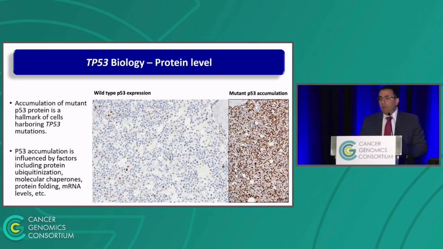At the protein level, we have known for many years that mutants or variants that result in alteration of P53 biology result in accumulation of the p53 protein within the nucleus of cells. This accumulation is influenced by a number of factors.